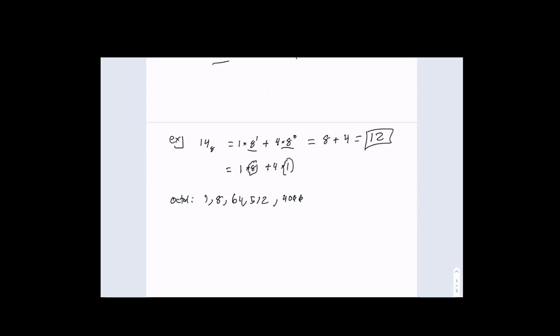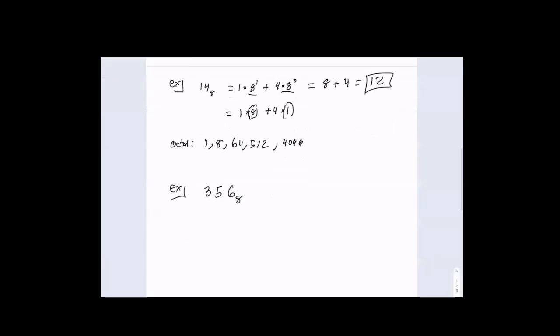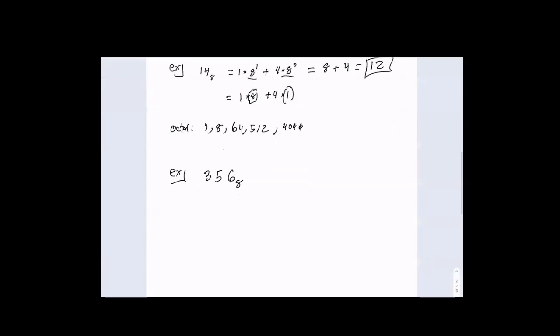All right. So let's do another example. Can someone give me another two-digit one? Actually, let's go to 3 digits. Let's not have the first number be 1 this time. 356. All right, 3, 5, 6 in base 8, in octal.